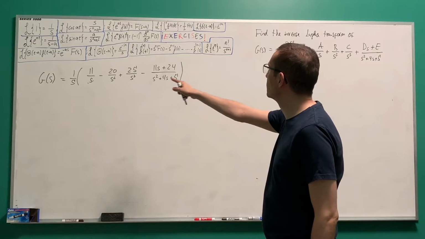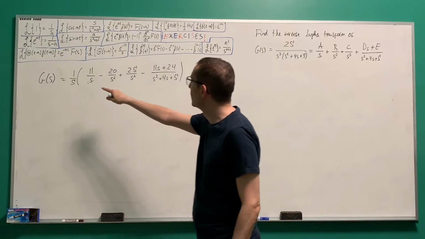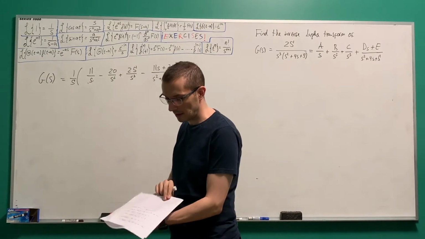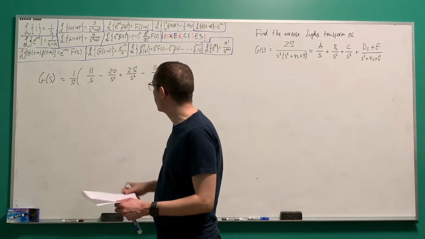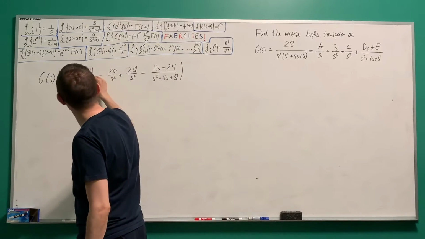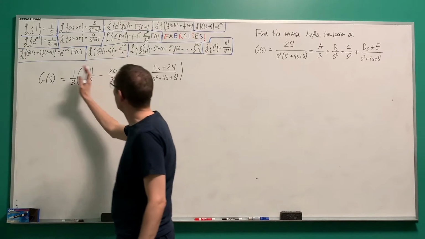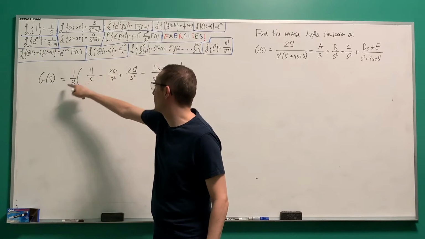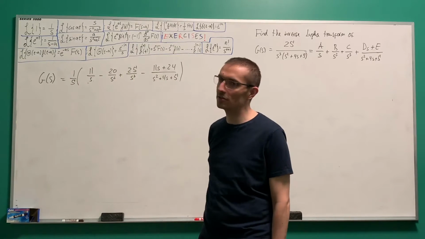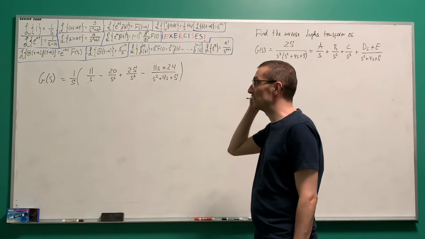So I wrote here the simple fraction decomposition with these coefficients. Remember that actually A was 11 divided by 5, and I wrote this is not a 5, this is an S, remember? So I took a common factor 1 over 5 from all the coefficients, so that's 11 divided by 5 over S, and 1 over 5 is out. I did that for all the coefficients because it becomes much easier.